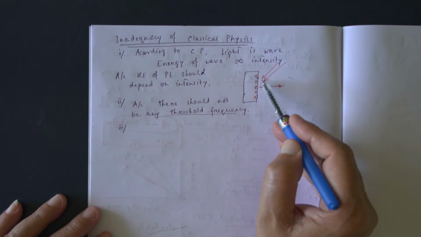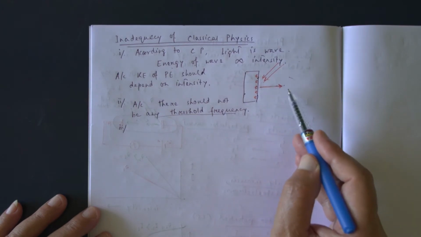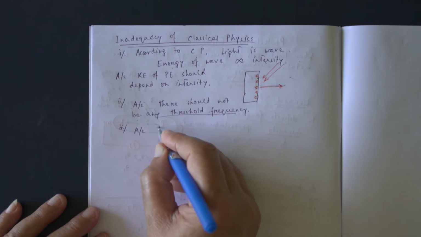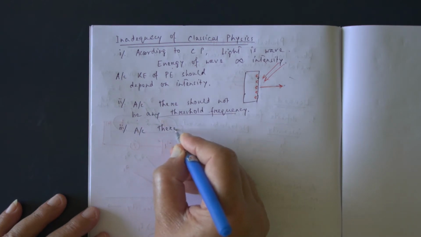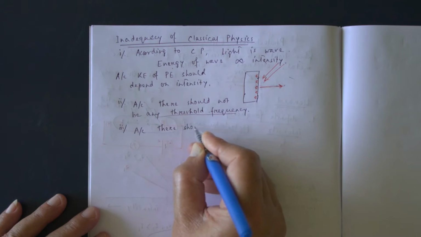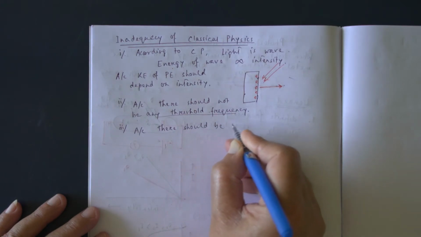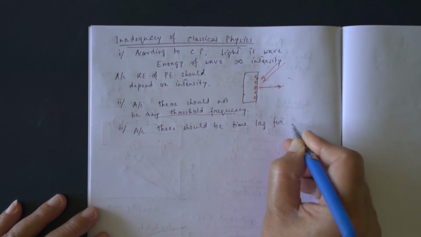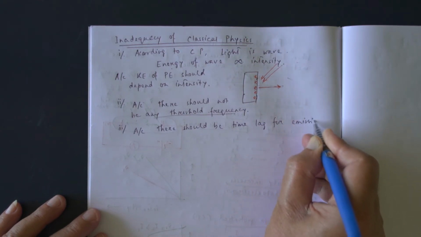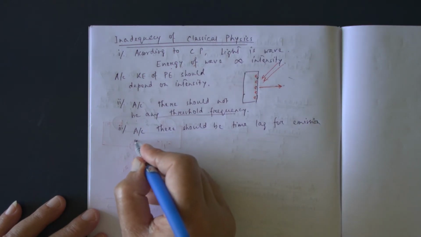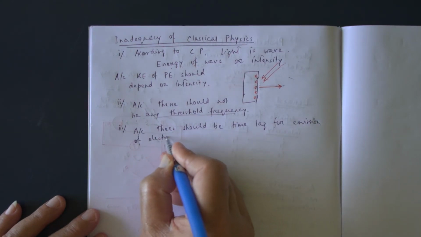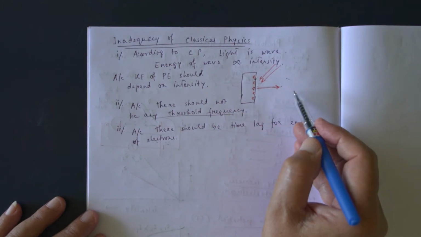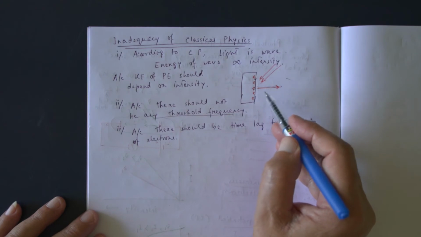According to classical physics, there should be a time lag for emission of electrons, since light consists of waves.